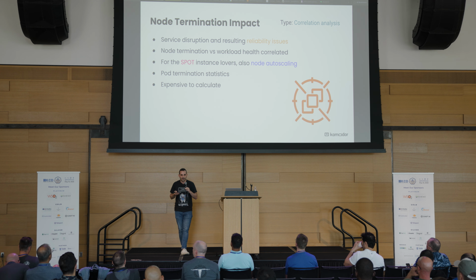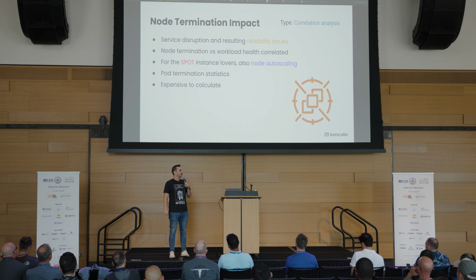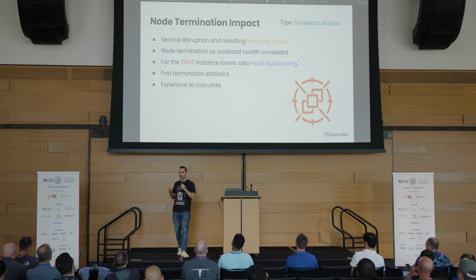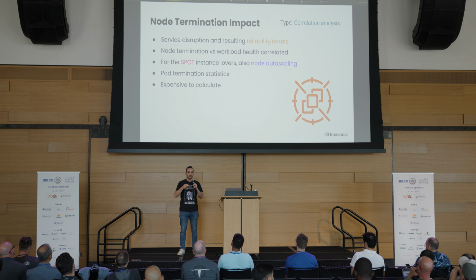That's just how it works. But sometimes when a node goes down, it causes reliability issues. And trying to understand that one of your workloads or services isn't working properly because a node was terminated is also hard to know.